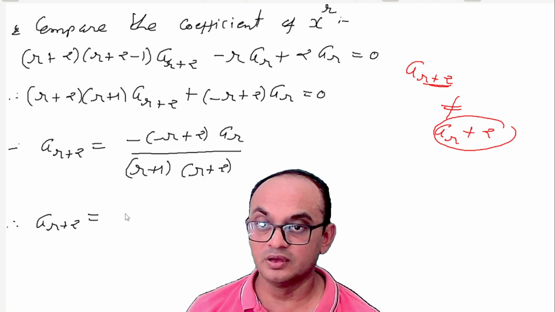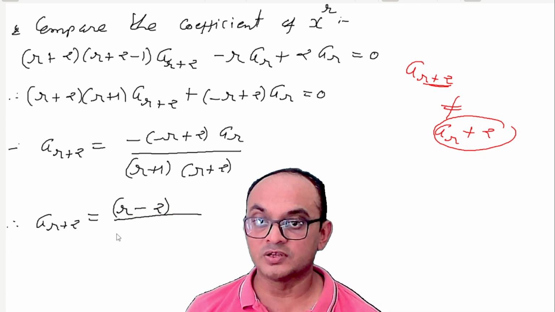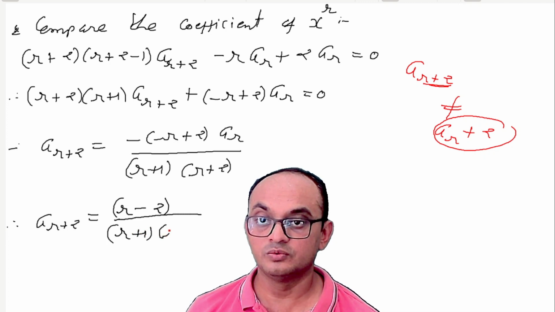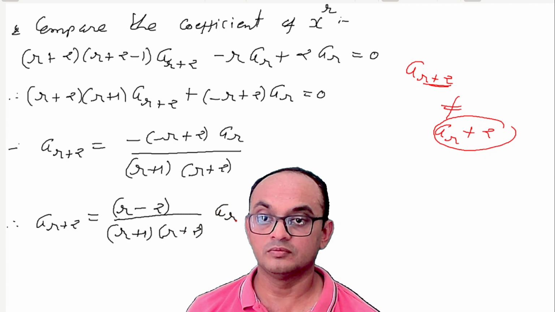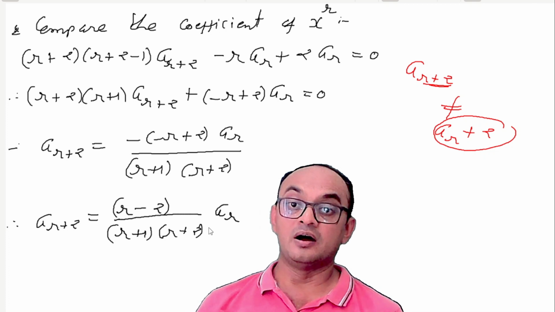So this will be r minus 2 divided by r plus 1, r plus 2 into ar. Clear?